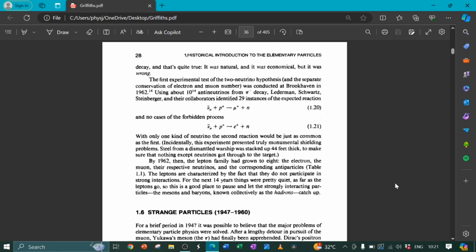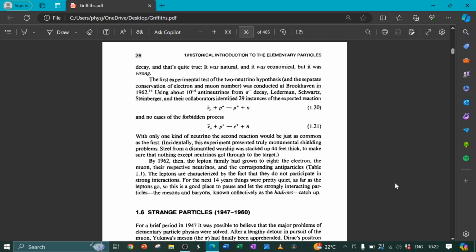Using about 10 to the power 14 antineutrinos from pion decay, Lederman, Schwartz, Steinberger and their collaborators identified 29 instances of the expected reaction, muon antineutrino plus proton goes to antimuon plus neutron, and no cases of the forbidden process, muon antineutrino plus proton goes to positron plus neutron.